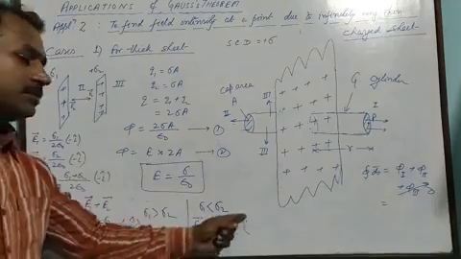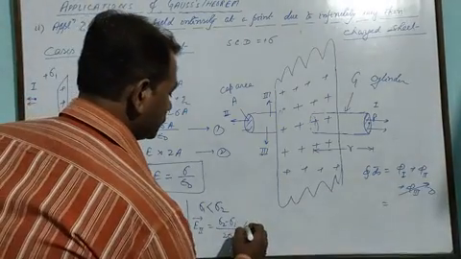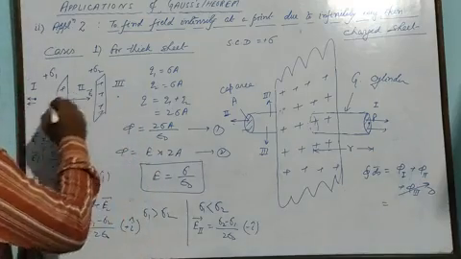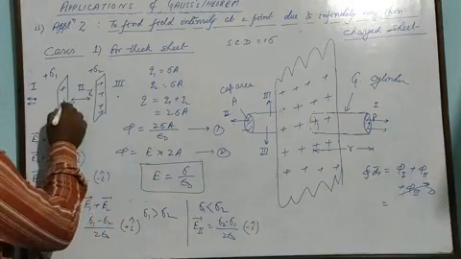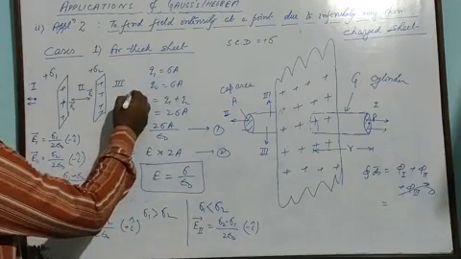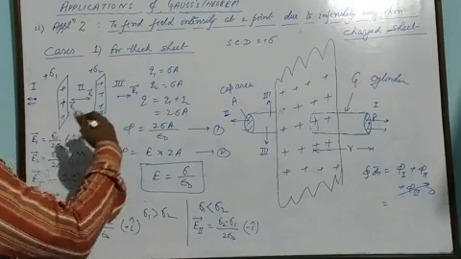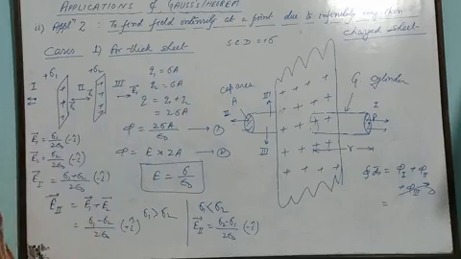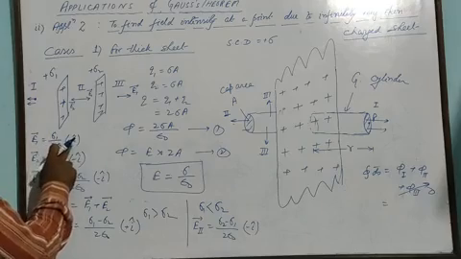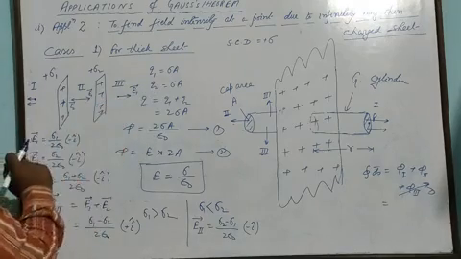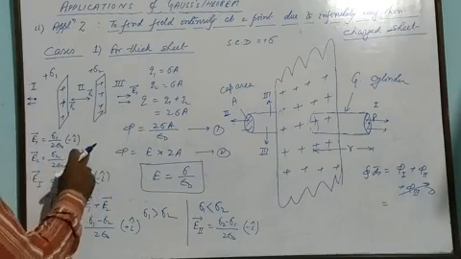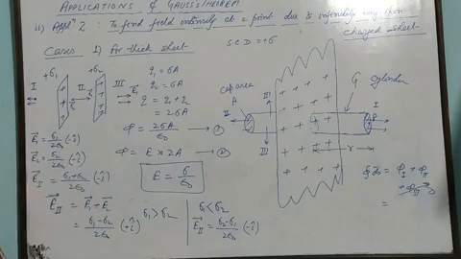The magnitude is this one. Similarly, if you go for this particular point, this will provide field intensity radially outward, and the field intensity will be sigma 1 by 2 epsilon naught, but the sign will change. Now this side it is plus i. Similarly, this will also apply radially outward, so this will also become plus i.